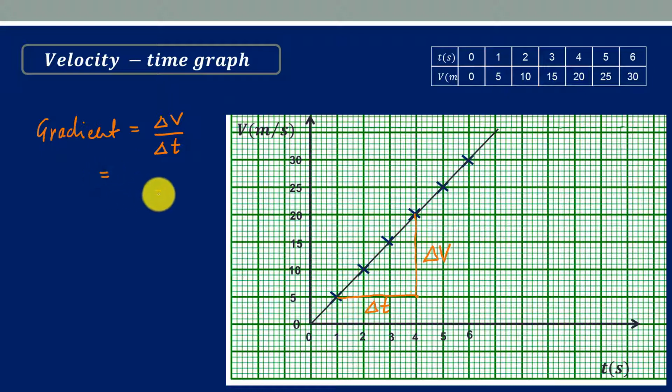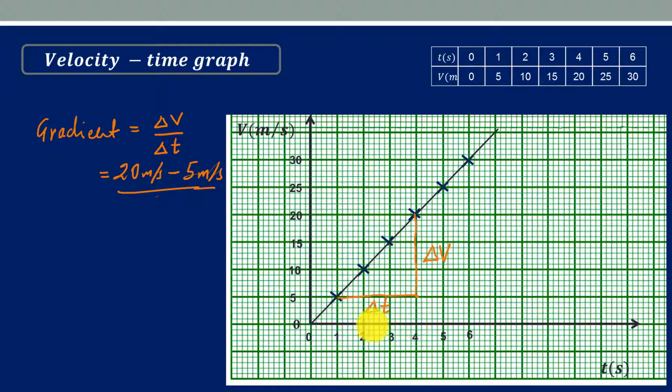And we'll be able to see that when I get that change, this point here corresponds to 20. The value of y is 20 meters per second. So I'll write here 20 meters per second minus this other point here, which corresponds to 5 meters per second. The change in time will of course be from 1 all the way to 4.